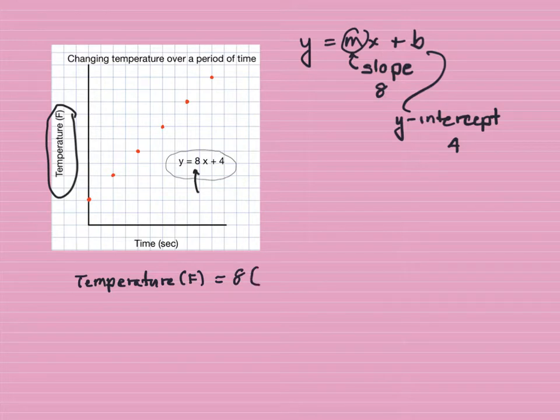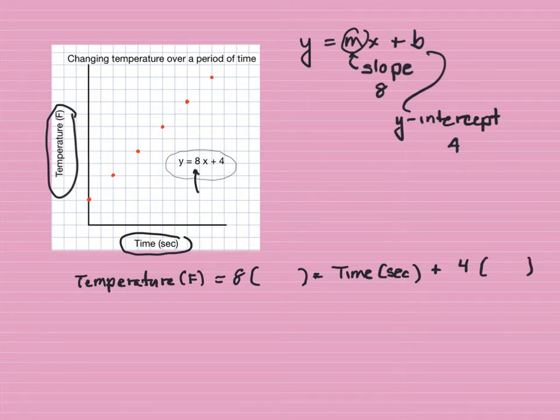I'm going to leave some room here to put some units in once I figure out what they are. And then times the x. Well, here's my x-axis, so I write what's there. Time, in units of seconds, plus the y-intercept, which is 4, and I'm going to need some units.